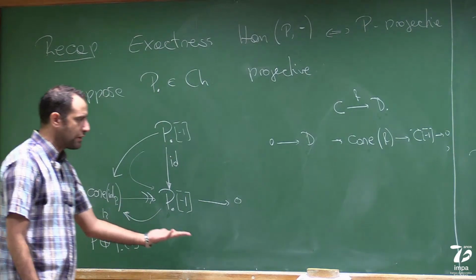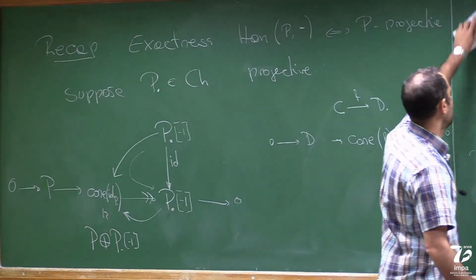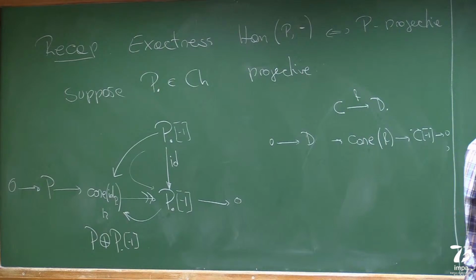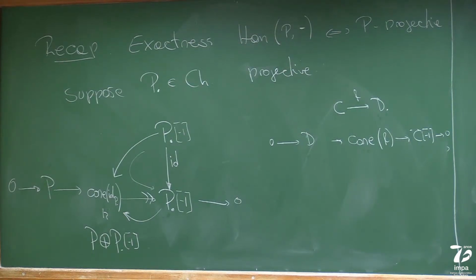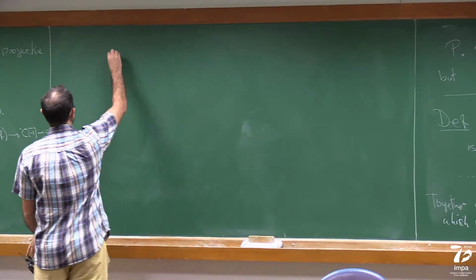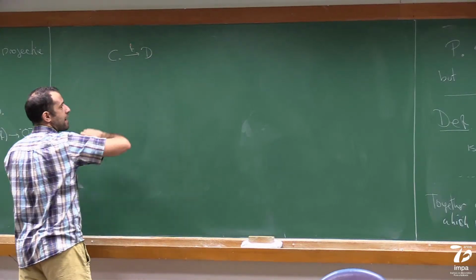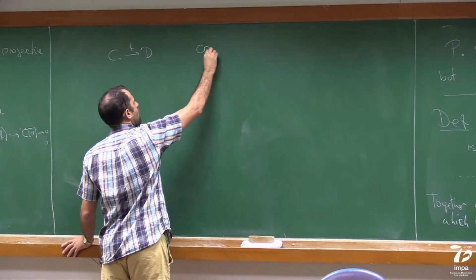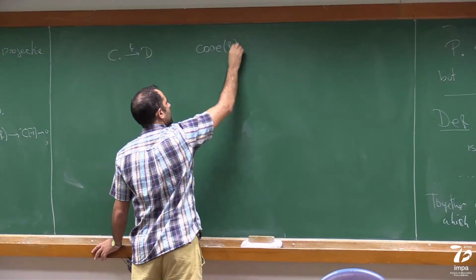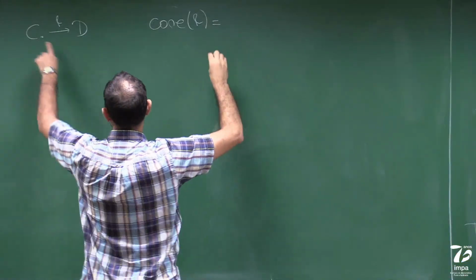But now let's concretely see what that is, modulo signs. So modulo signs, we had chosen, when I had this map from C to D, which was my F, I put the cone of F. Well, this was a sum of these two things.